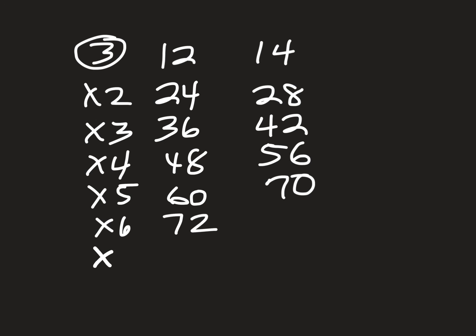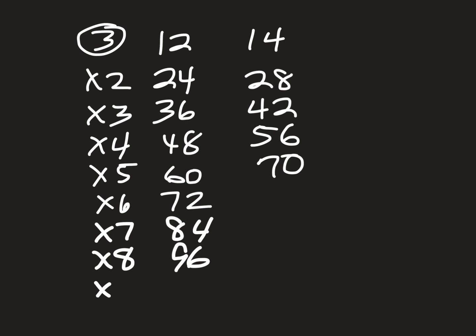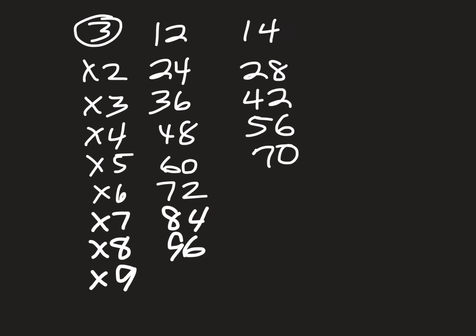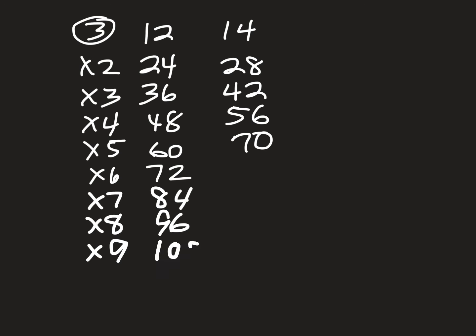So let's do 12 times 7, which gives us 84. 12 times 8, that gives us 96. 12 times 9, which is 108. And 12 times 10, which is 120. Hopefully that'll be enough.